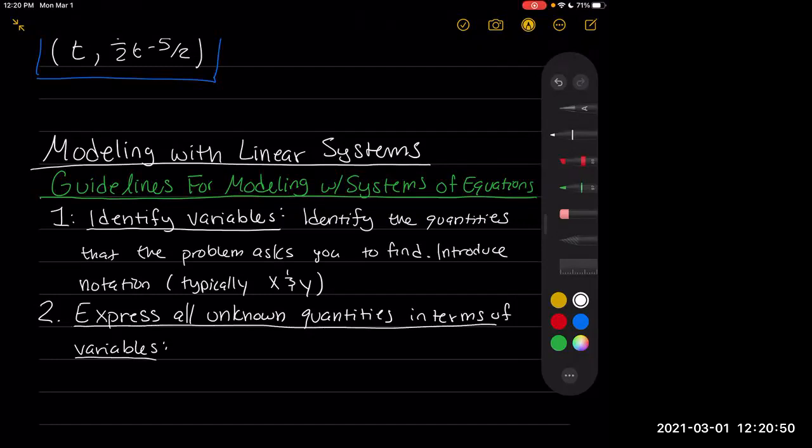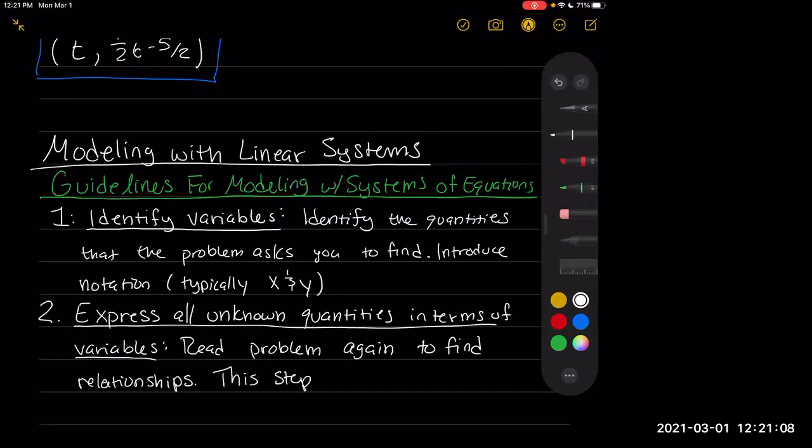So we're going to read the problem again to find relationships. What this means is this step is where we set up our system.